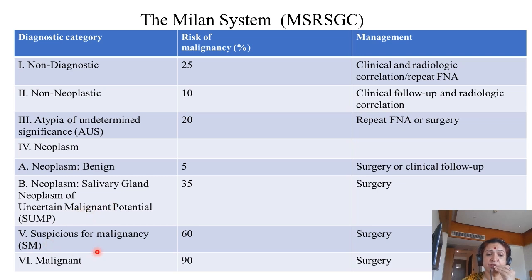Then you have suspicious for malignancy and malignant. So you can see that when it is benign, the risk of malignancy is just 5%, whereas when you give a diagnosis of non-neoplastic, the risk is even more, like 10%. And you have clear-cut directions on what you can do with the patient.